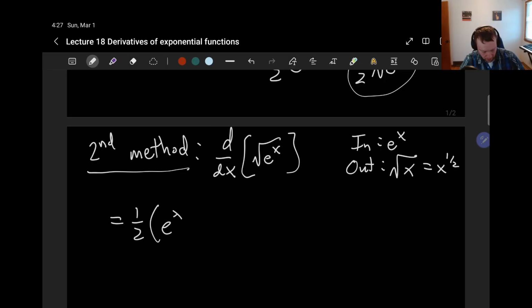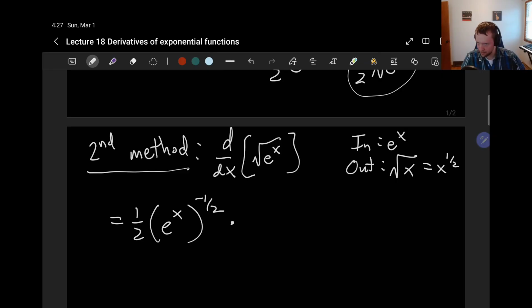It's just not x in here, but e to the x to the 1/2 minus 1 power, or negative 1/2 power. So I've taken the derivative of the square root, essentially, but leaving this e to the x alone plugged in there.